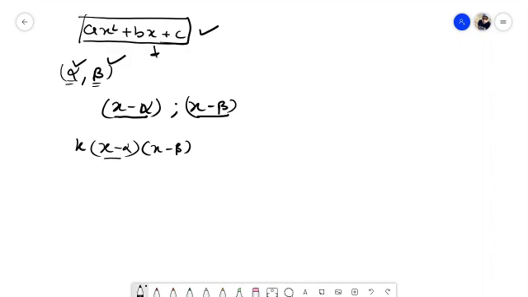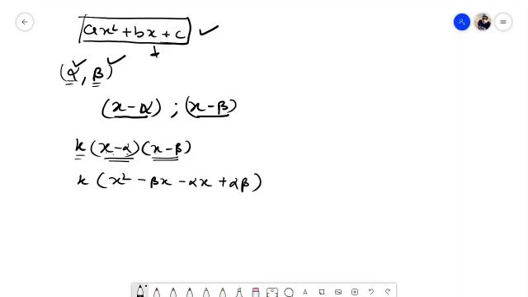So here I'm taking the factors, finding the product of the factors, and multiplying it with k, so I'll get the polynomial afterwards. So let's multiply these. x into x will be x square, minus beta x, then alpha into x, that will be minus alpha x, and that will be plus alpha beta.